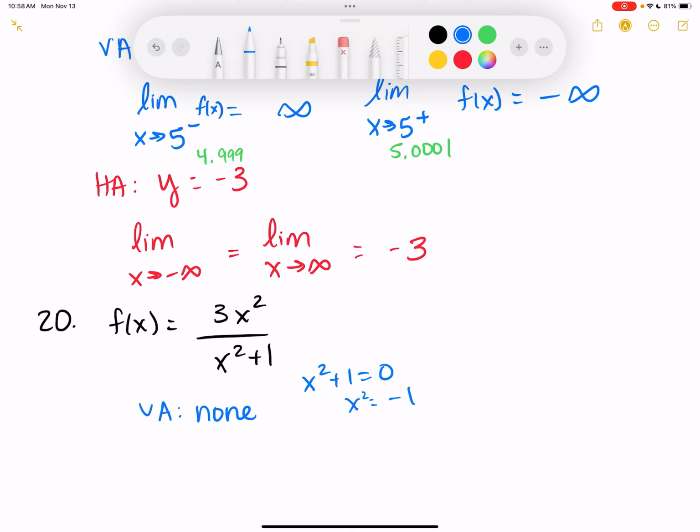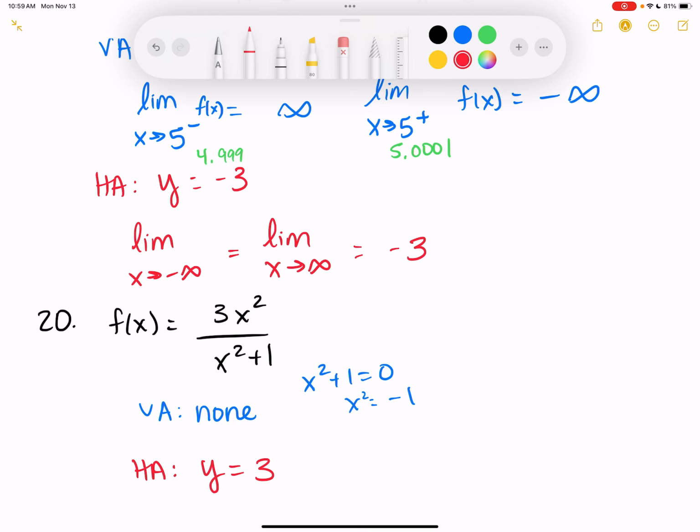Okay? So now, horizontal. Do I have a horizontal asymptote? And if so, where? y equals 3. I must really like threes today. So 3x squared over x squared, that gives me a 3.